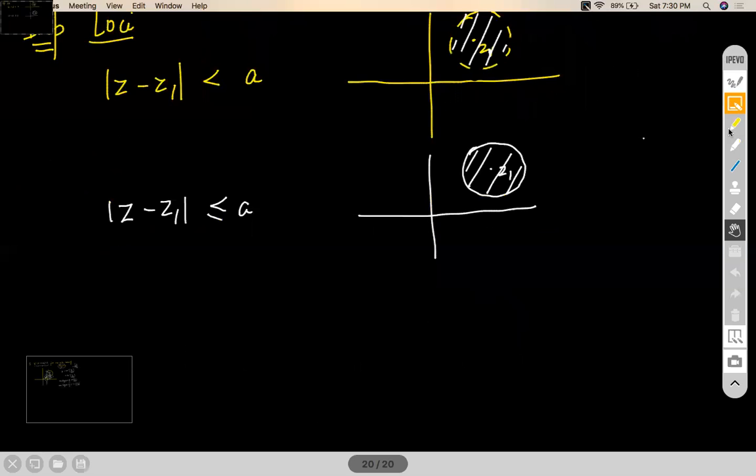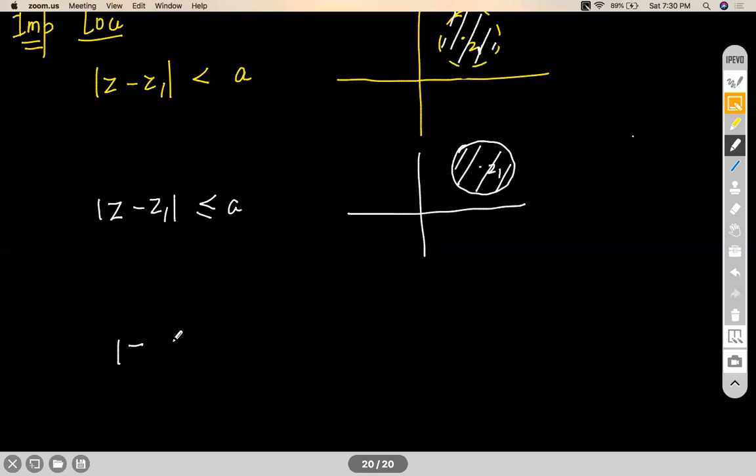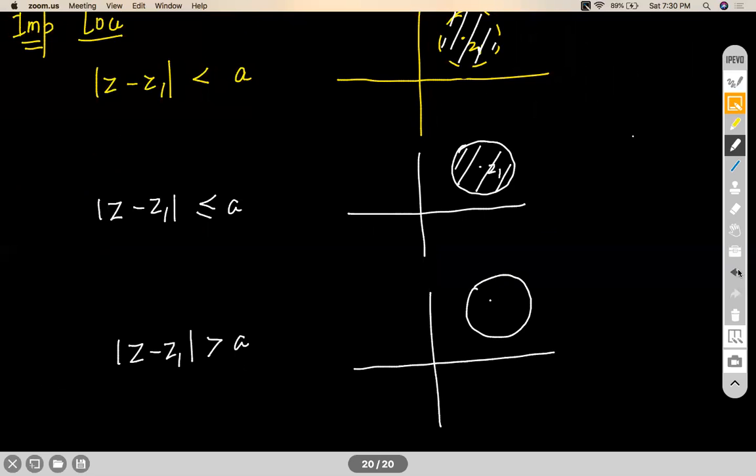Similarly, if somebody says mod z minus z1 is greater than a, make a circle with center at z1, radius a, and you will shade outside the circle with the circle being dotted.